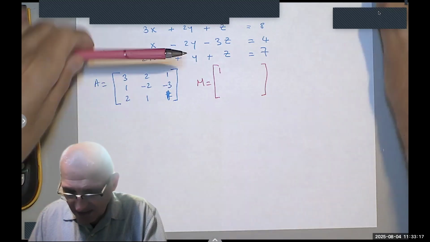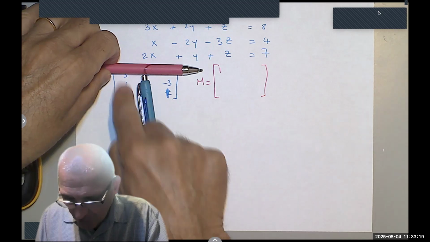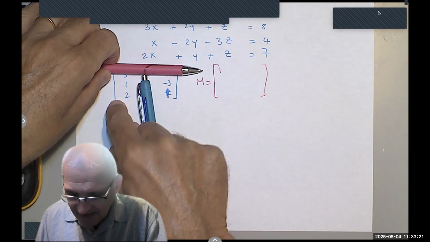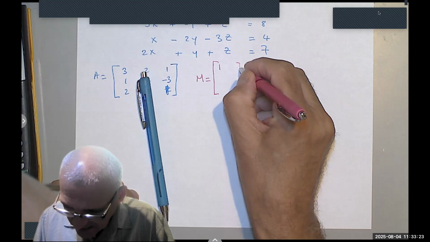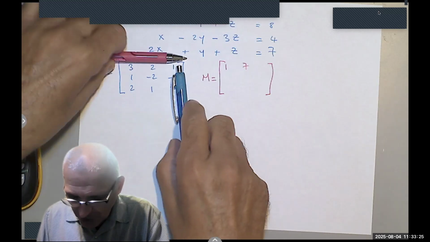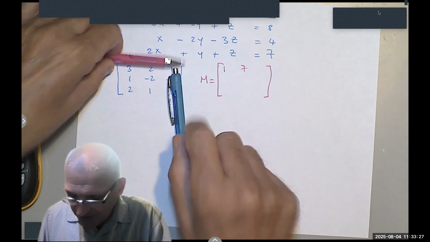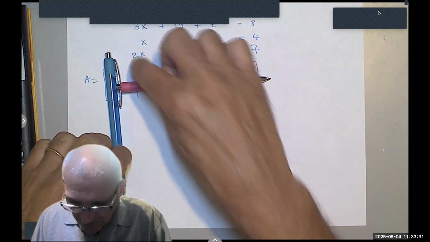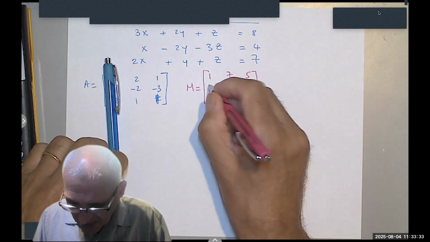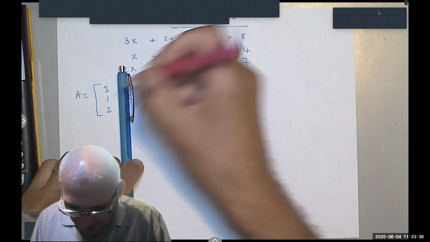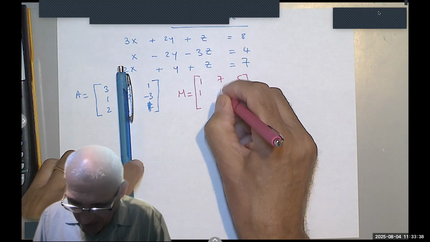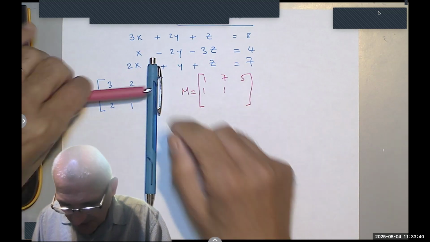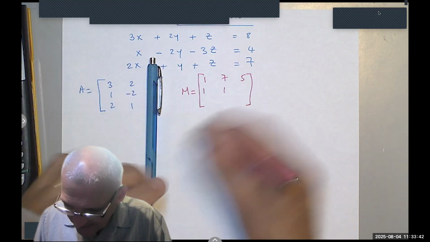For the 2, I say 1 minus negative 6 is 7. Here we do 1 minus negative 4 is 5. Here we get 2 minus 1 is 1. For the middle number, you get 3 minus 2, it's also 1. For the negative 3, I do 3 minus 4 is negative 1.